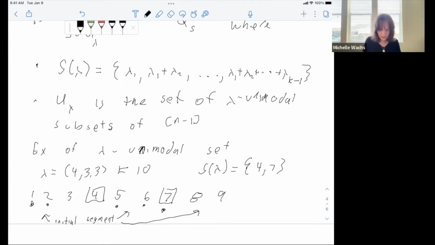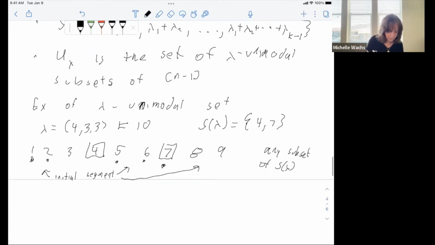Any subset of S lambda is okay, but only initial segments of the other sets. And so we end up with the set 1, 2, 5, 6, 7, and that's the set, where 7 was that element that belonged to S lambda.